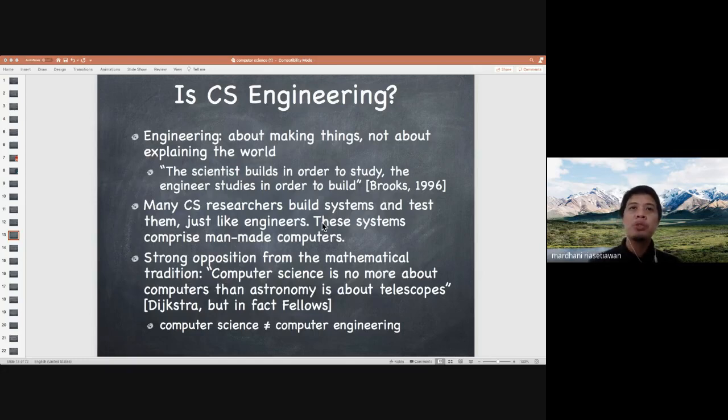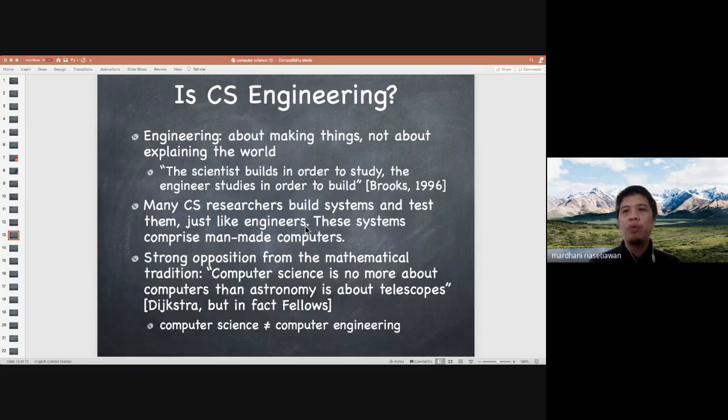So that's why the system comprises man-made computers. This is the nice thing about computer science. If, for example, you are a computer science student and mostly your focus is only on designing some facts into concepts, for example in abstract form, it means you are doing computer science.